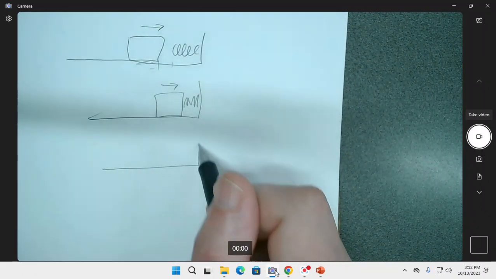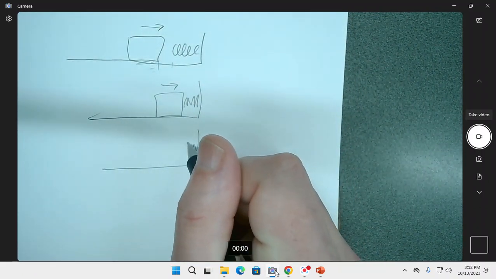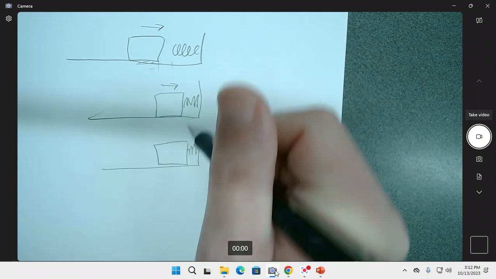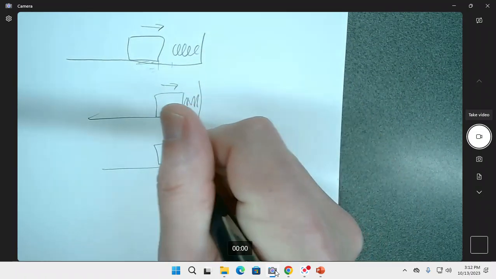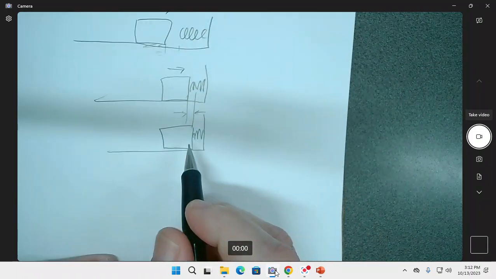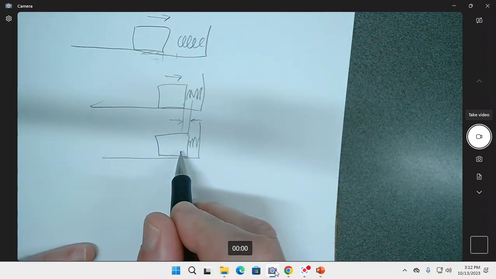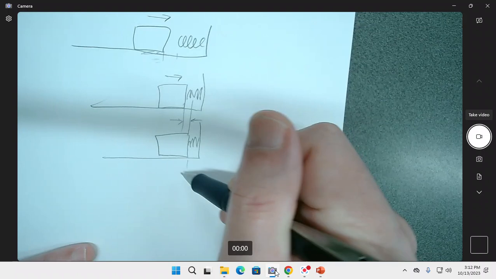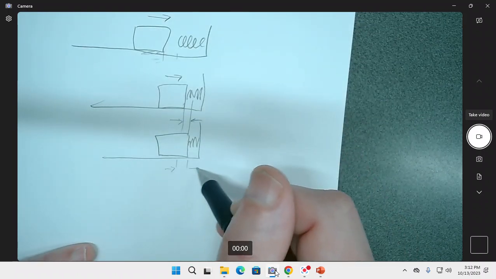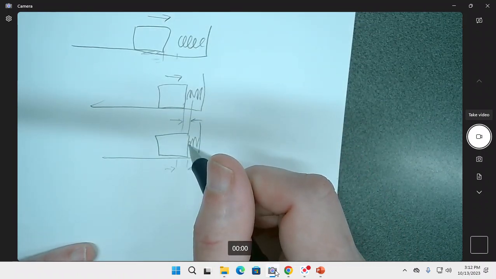Then it compresses the spring all the way, so we have this distance right here that it has moved. During this time, it has lost energy. We don't know what this distance is until it completely stops. Does that make sense? Yes.